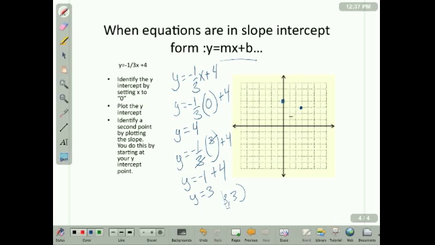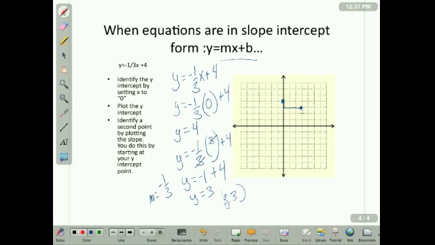Now, the other way to do this is to recognize what the slope is. In this case, my m is negative 1/3, which means that I'm going to fall negative 1, and I'm going to run 3. Either way, it's the same point.